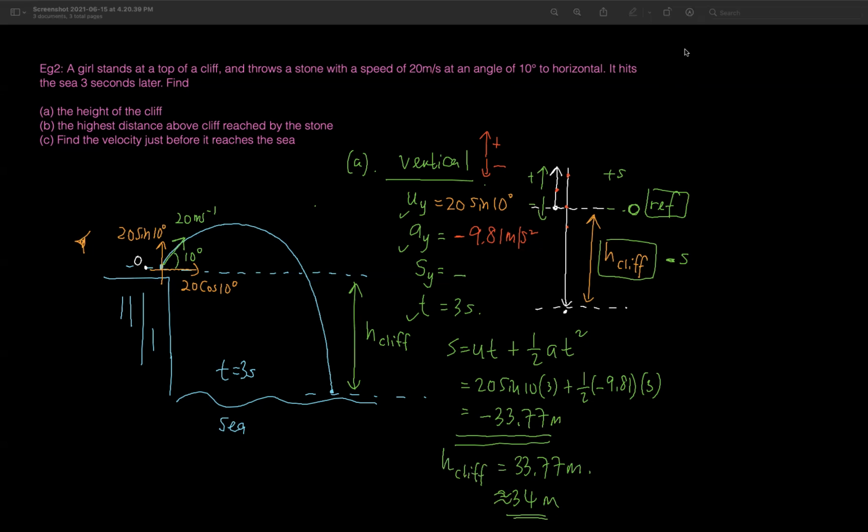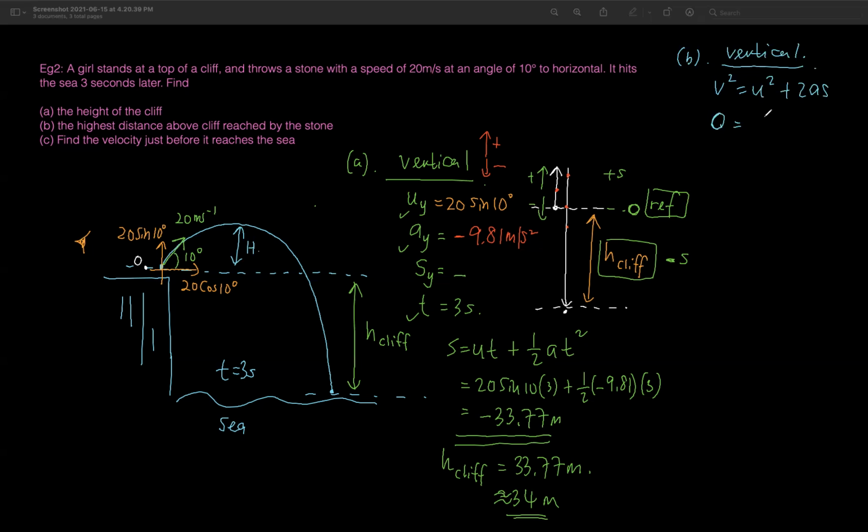For B, the highest distance above cliff reached by the stone. Okay, above cliff, meaning that here is what we want to find, H, highest distance. Same way we can use vertical. V square equals U square plus 2AS. At the greatest height, we know the V is 0.